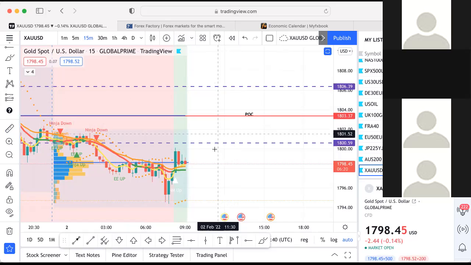If and when I get into this trade, which is probably going to be when price gets to that point, I'll have two take profits in mind. One would be the point of control, and the second will be the top of the value area. And because I've got the luxury of being able to sit and watch the trades, I can play it by ear, as it were. But yes, I quite often move my stop loss up to break even or just above break even, and follow the trade up.